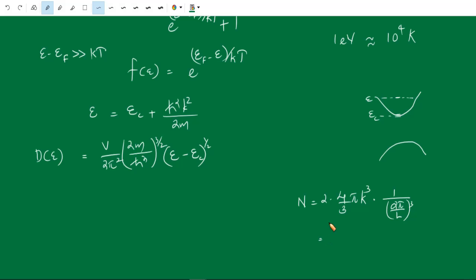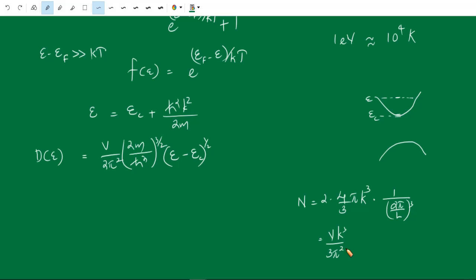So on simplifying, we get V divided by 3 pi square k cube, since L cube is V, so V goes to the numerator.